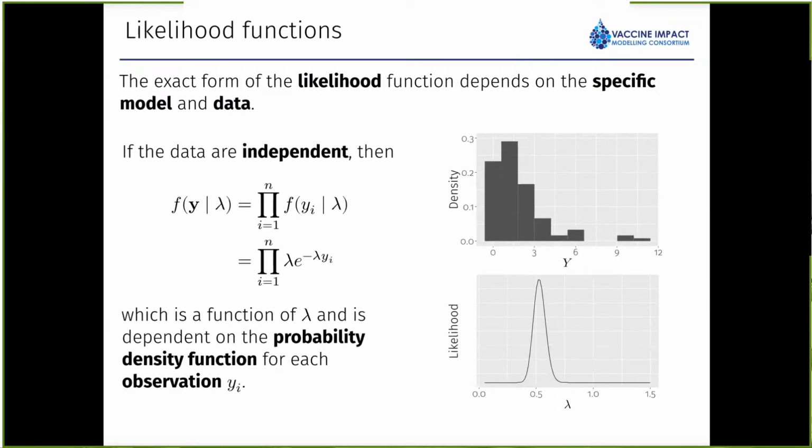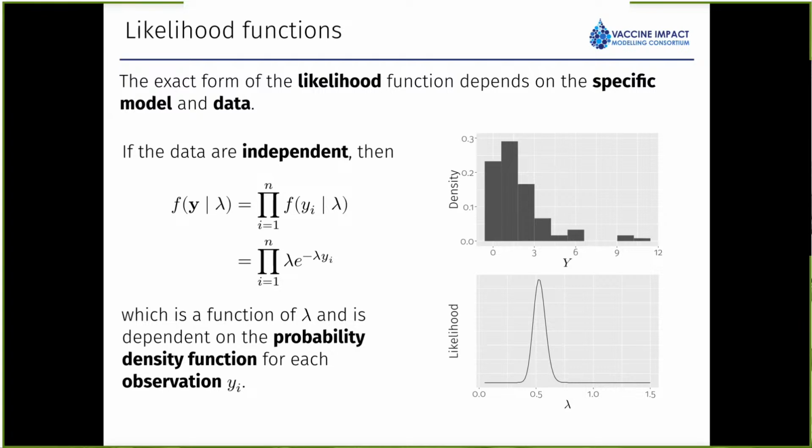So in this particular case, because the data are independent of each other, that means that two individuals don't interact with each other. Then I can write down the likelihood of all 100 observations as just being the product of the probability distributions for each of the 100 observations.